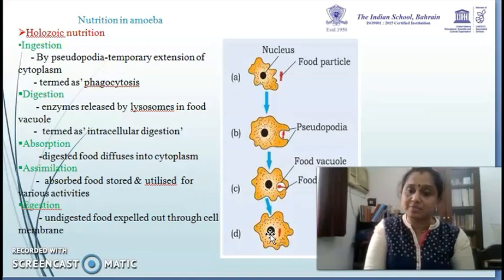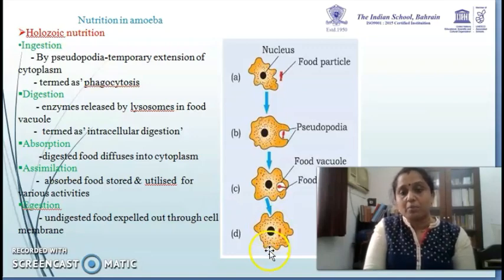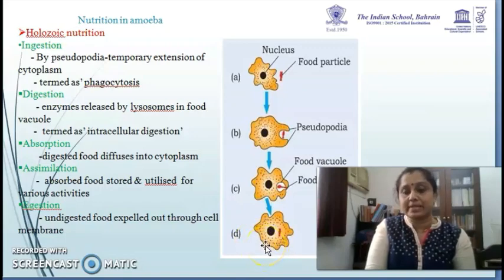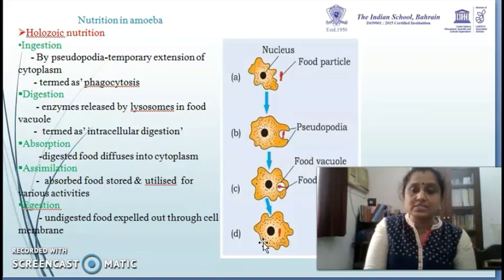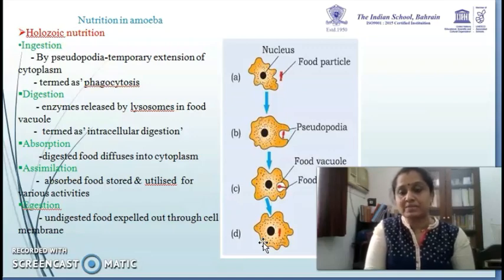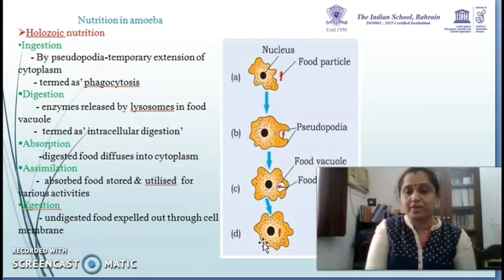And the last step is egestion. The waste material is expelled by the rupture of the cell membrane. At any side, the cell membrane can rupture and the waste materials will be eliminated and the cell membrane rejoins again. This is the way by which nutrition takes place in amoeba.